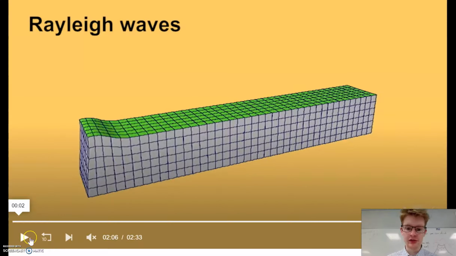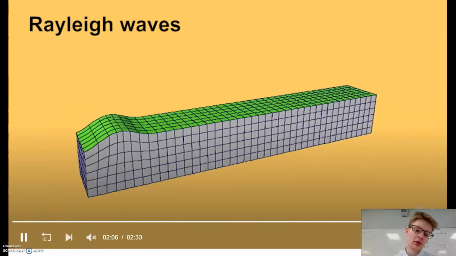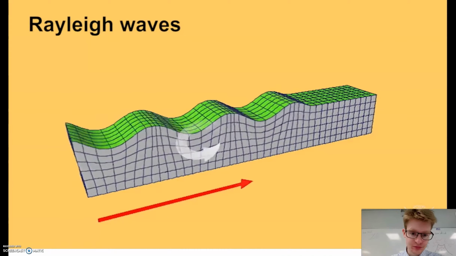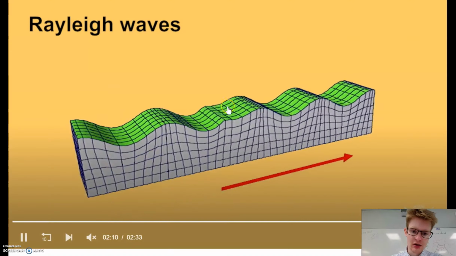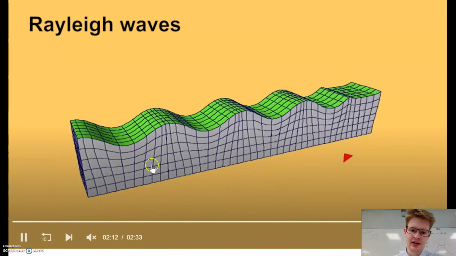Surface waves look like this. Instead of just going up and down, they go up and down and side to side, because this is what happens when the shock waves interact with the medium that is the air or the surface. They're going up and down and side to side.